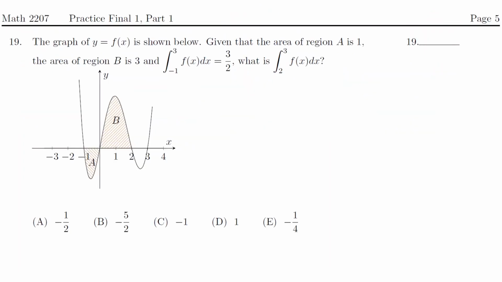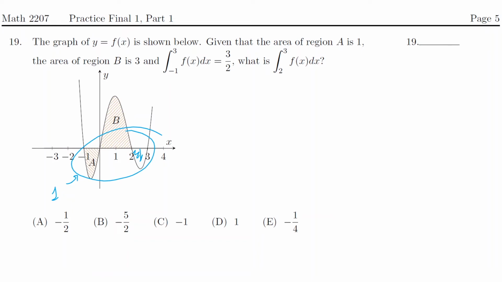Next, the graph. Okay, so we need to find this piece right here between 2 and 3. And that's going to be very, very interesting. Now we know that the area right here is 1. And we know that between negative 1 and 3, this whole region is equal to 3/2.